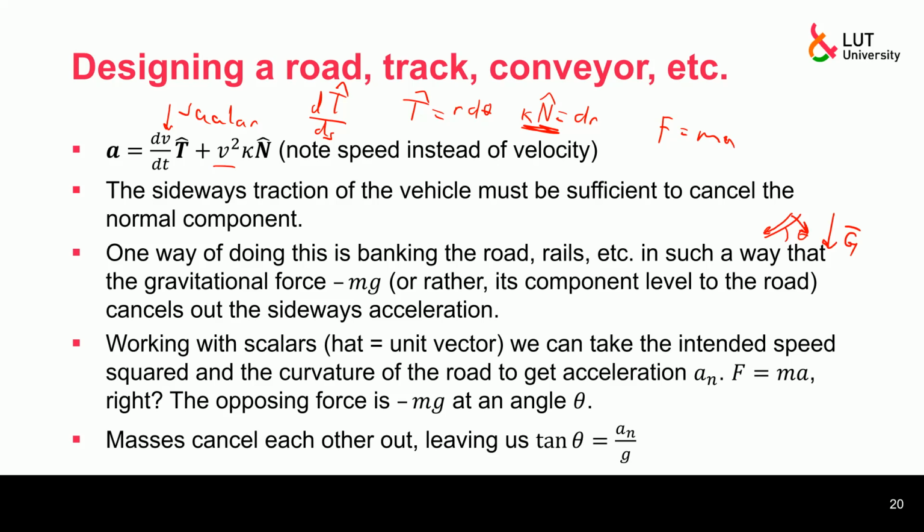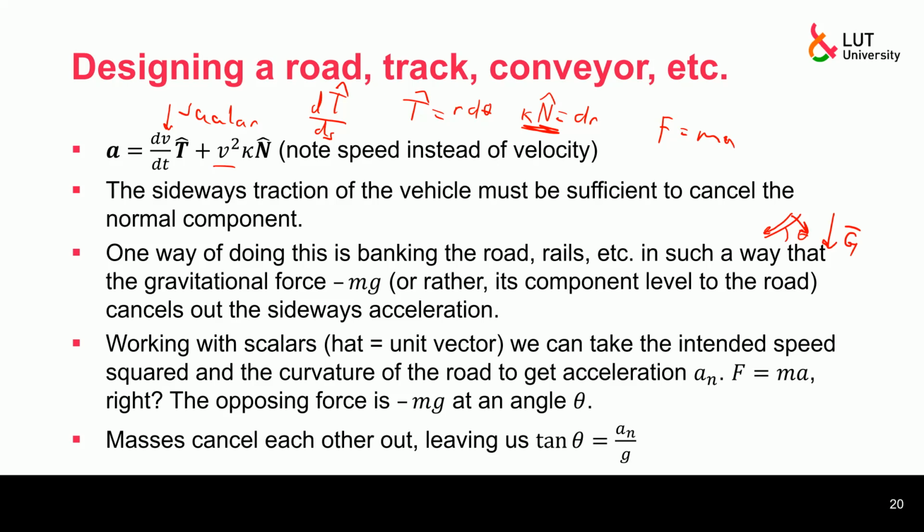So there's one more application of where we might want to divide into arbitrary components, or components in an arbitrary direction. And masses are going to cancel each other, so we're just going to need the curvature and speed, and do the projections.